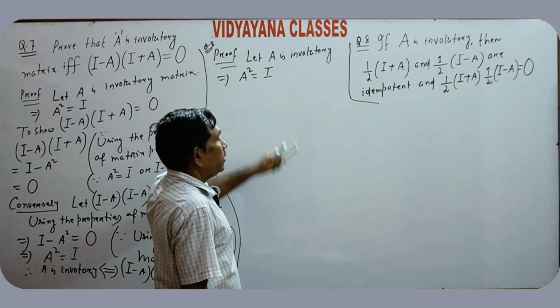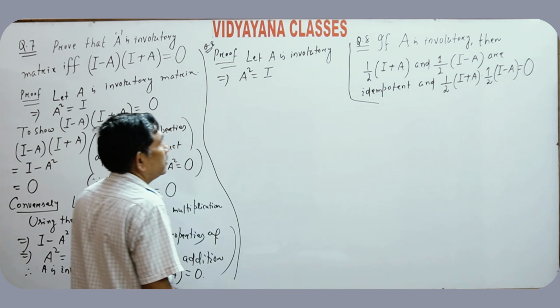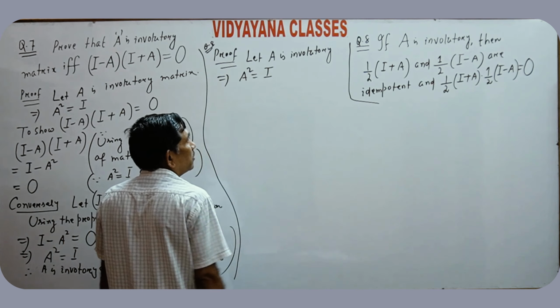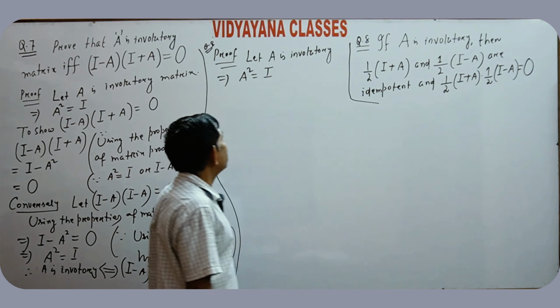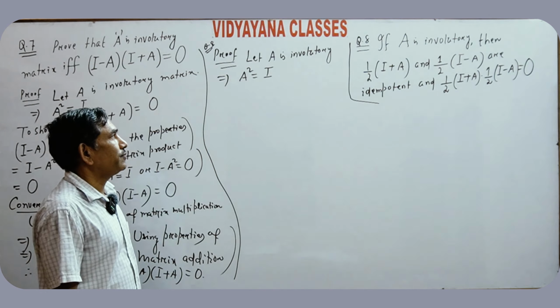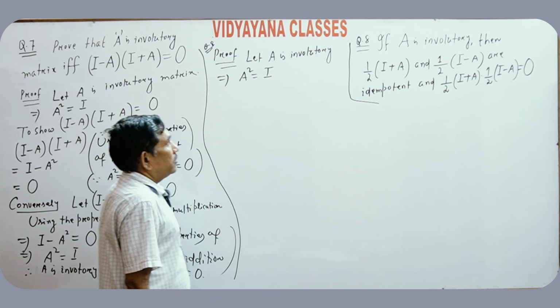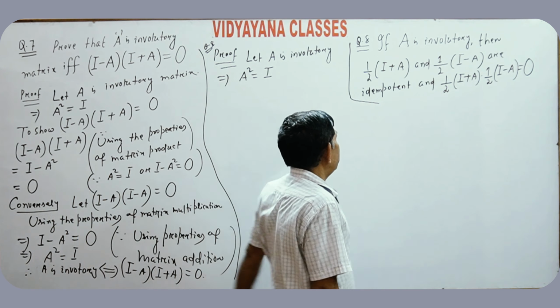A and I have the same order. To show this and this are idempotent. Idempotent means A square is equal to A.